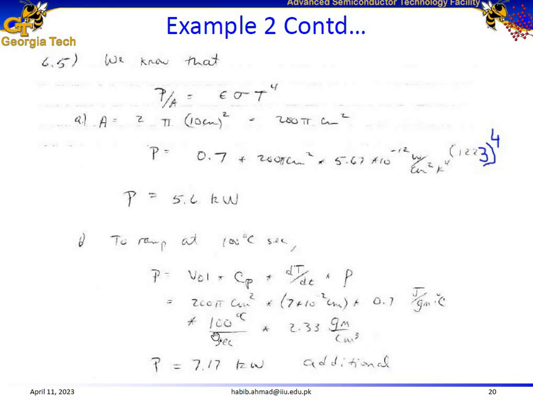The rise rate given in the example is 100 degrees C per second, and the density of silicon is 2.33 grams per centimeter cube. So the additional power required is 7.17 kilowatts. This is the power required to ramp up the temperature from room temperature to 950 degrees C. And this is the power required for the dwell time, for the amount of time that we perform the annealing.